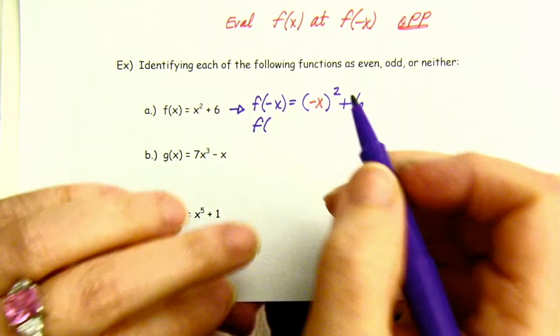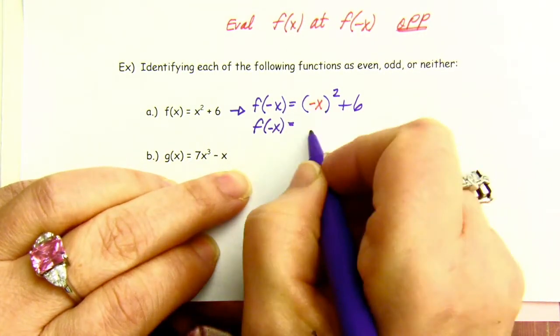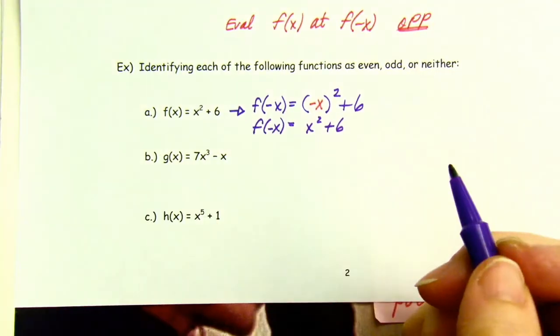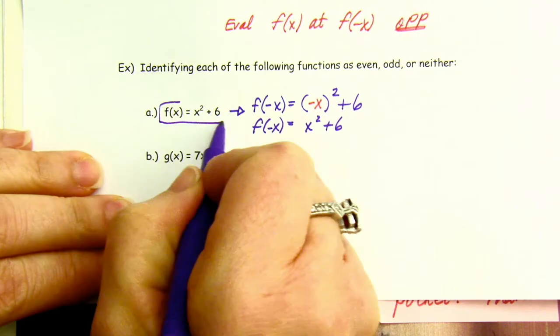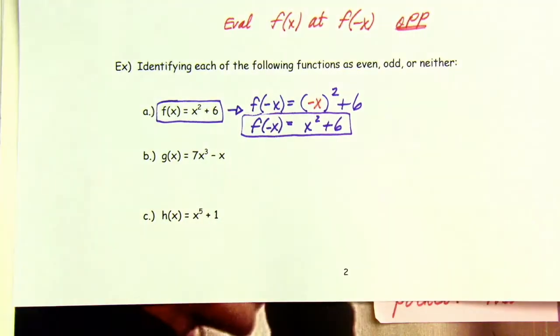So f of the opposite of x, now when I square a negative, it goes positive, plus 6. And now I'm comparing this on the right side of the equal signs. They're exactly the same. Nothing changed.